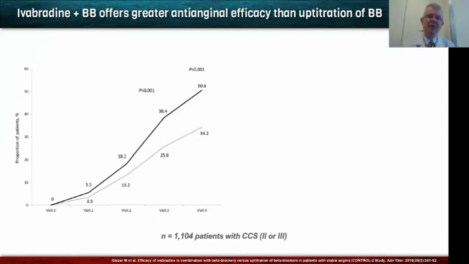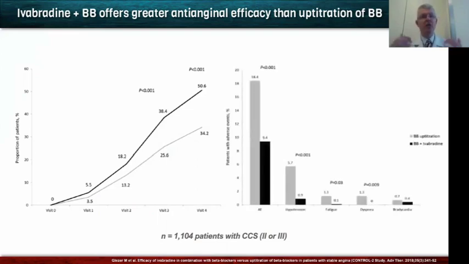You see that you offer a faster and more efficient control of the angina when you combine both agents, ivabradine and beta blockers. And when you look at tolerability, remember the concept of optimal medical therapy: this combination is not only more efficient, it's also well tolerated compared to beta blockers alone.